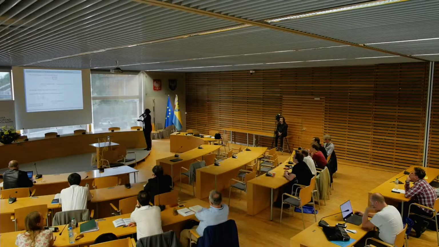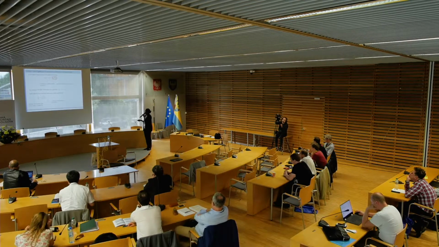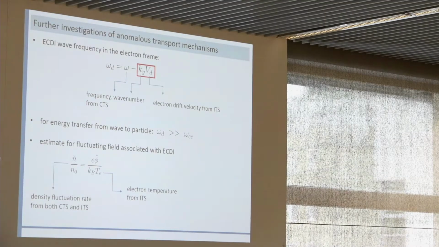We can also estimate the fluctuating field, which I mentioned before, because now we have the density fluctuation from incoherent Thomson scattering, and also the electron temperature Te from incoherent Thomson scattering. So we can get a better estimate of the fluctuating field.